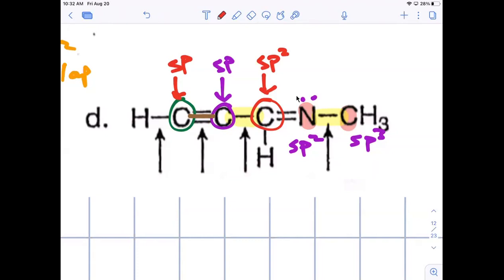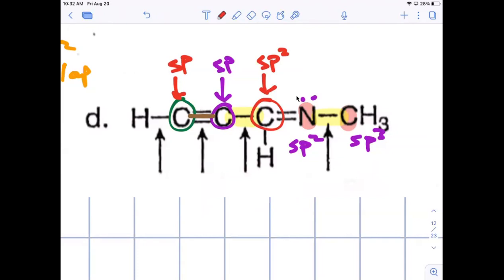Now, where do we get the pi bonds from? Anybody recall? From double and triple bonds. Okay. So a triple bond does have 2 pi bonds. A double bond has 1 pi bond and 1 sigma bond. Triple has 2 pi and 1 sigma. But what causes the pi bond?